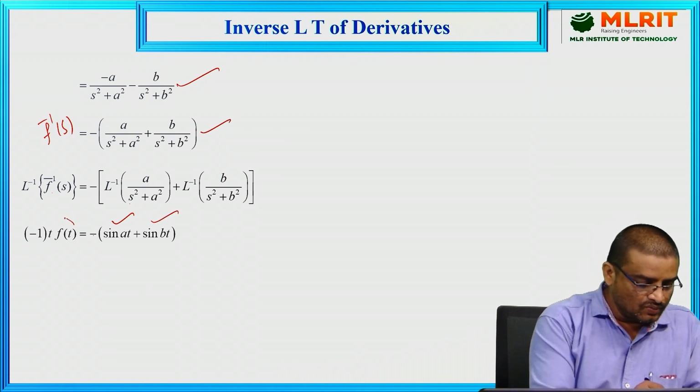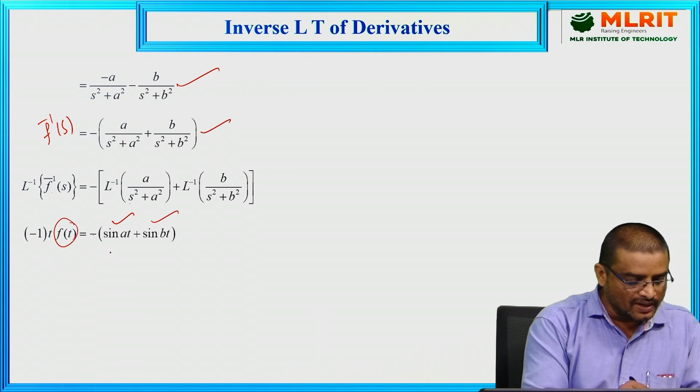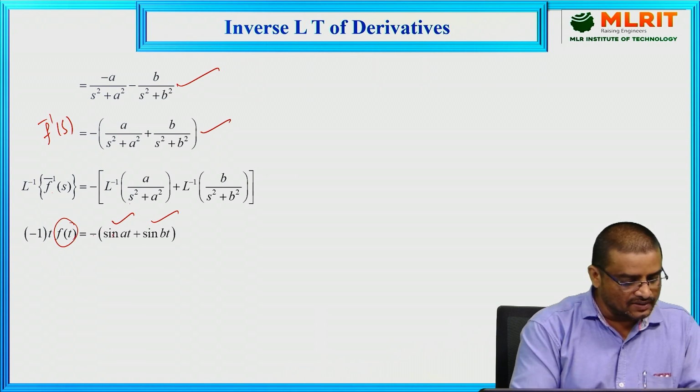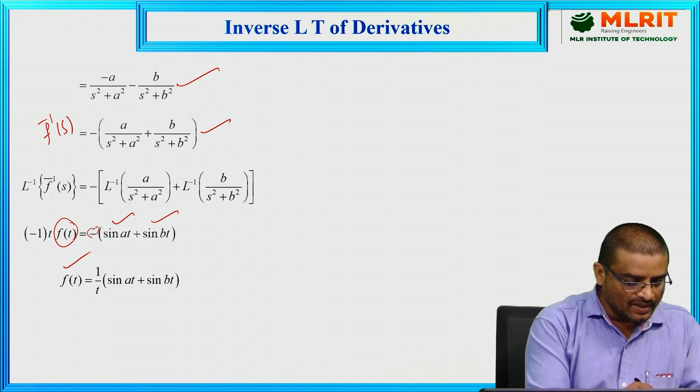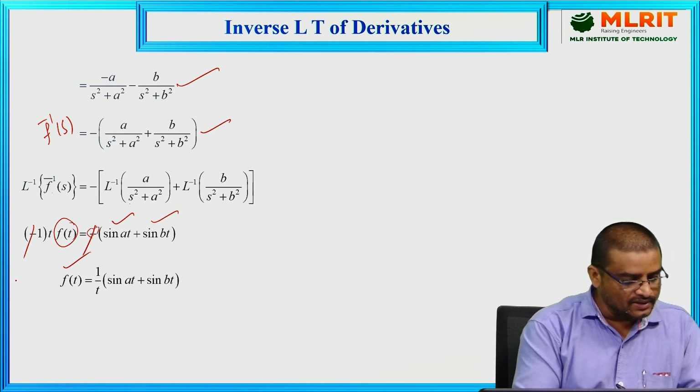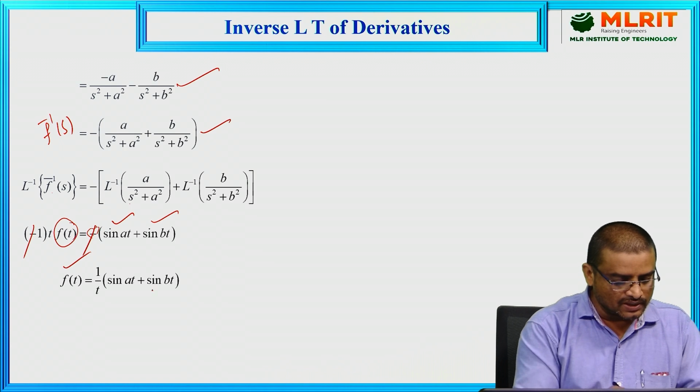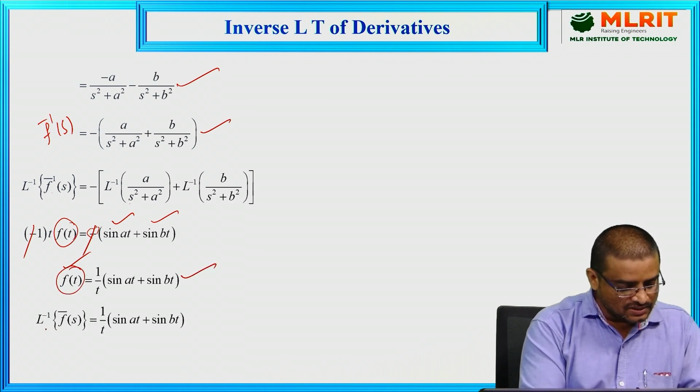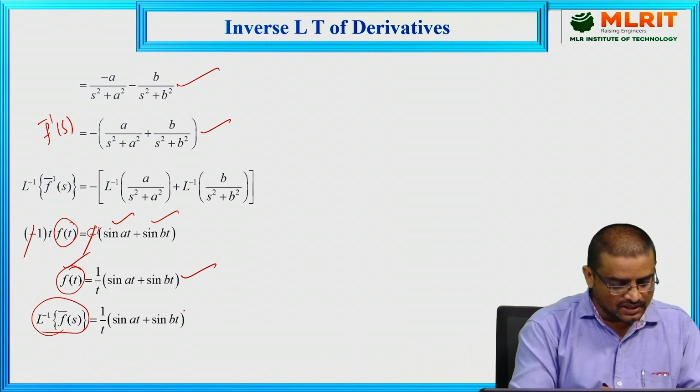Now we want only f of t, so you send this minus 1 into t to this side. So you will get f of t equal to, already here we are having minus, so we can cancel this minus and minus. So it becomes plus 1 by t into this. This f of t can be written as L inverse of f bar of s, which is equal to this value.